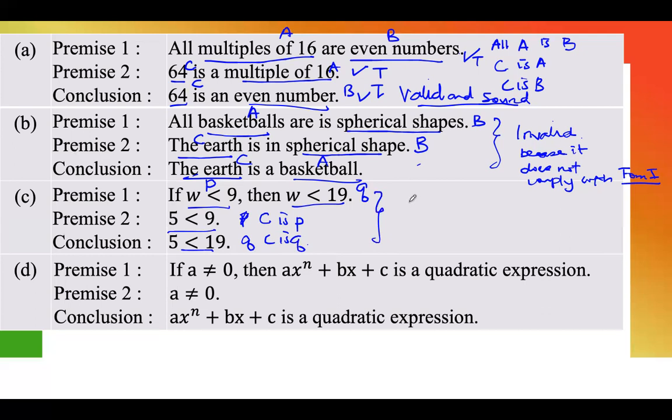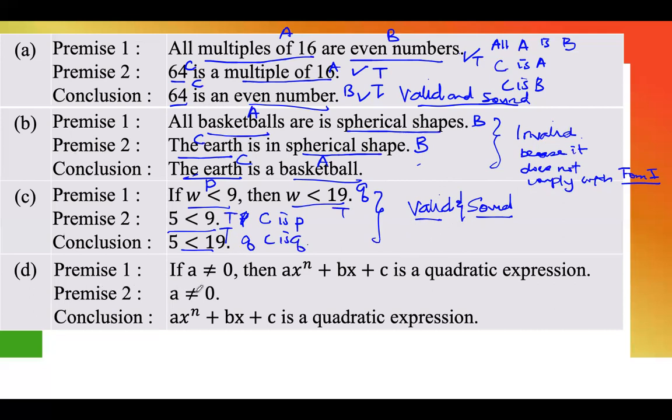So type 2, so this is valid. Okay, so we want to see whether this is sound or unsound. So a number less than 9 is less than 19. 5 is less than 9. 5 is less than 19. So true, true, true. So this is valid and sound. Okay. All right. So you can see that.